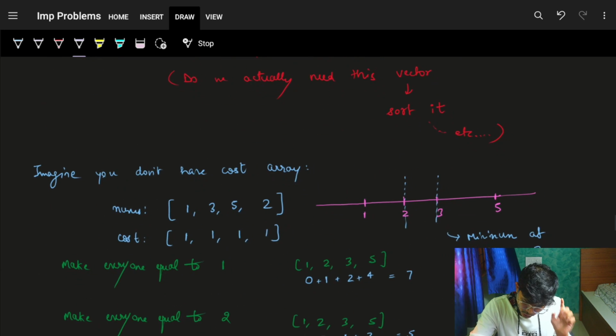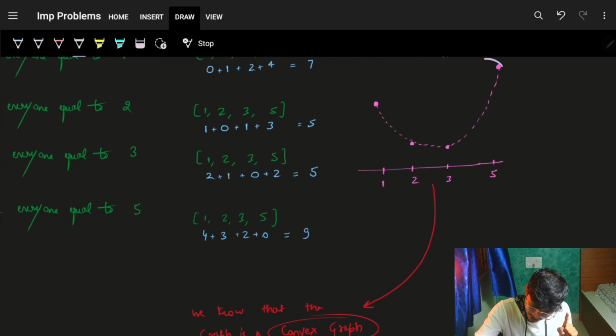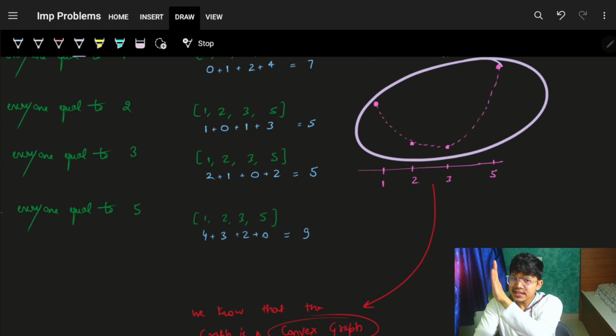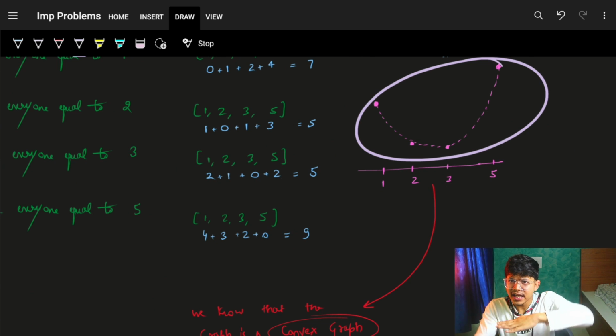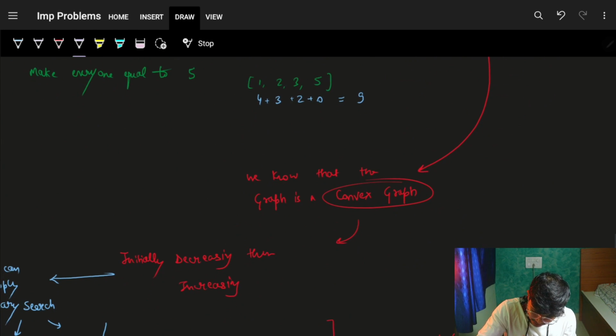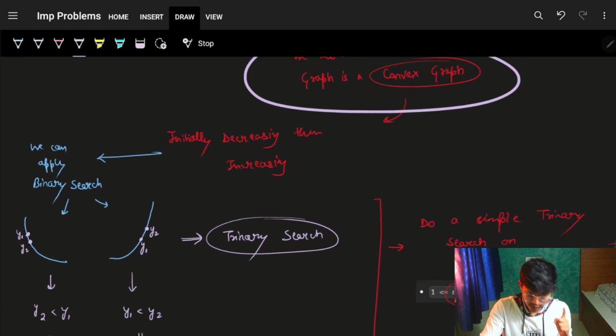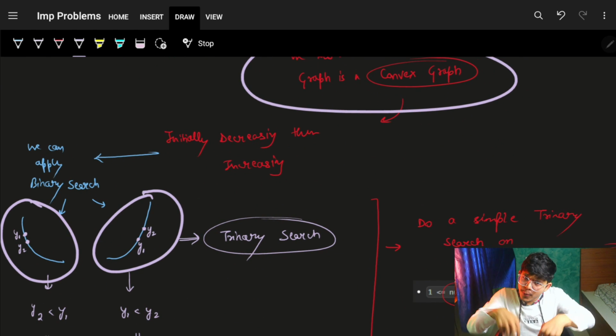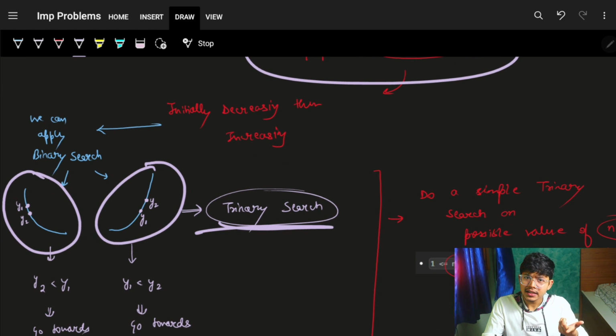But if I look at the graph which I made, I can see it's decreasing and then increasing. Decreasing and increasing, I know something like binary search. If it is both, I can apply a ternary search.